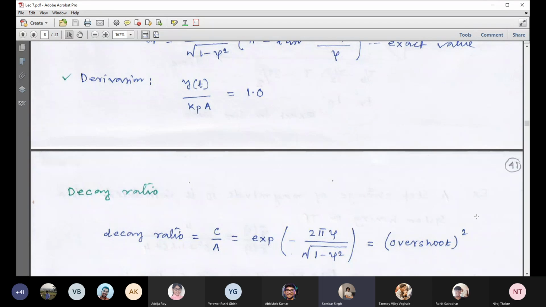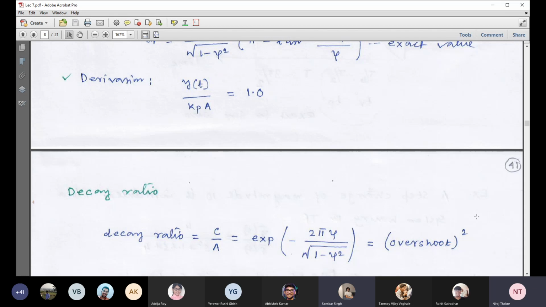So I'm not getting this value for C by A. I'm getting exponential of minus 3 pi zeta divided by under root 1 minus zeta square. Tell again what you got. This is the value for C by A. What is the expression for B plus C?